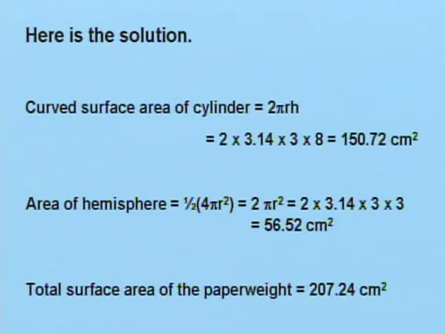So the total surface area of the paperweight is the adding of those two values, that is 150.72 plus 56.52 will give us 207.24 centimeters square as a total surface area.